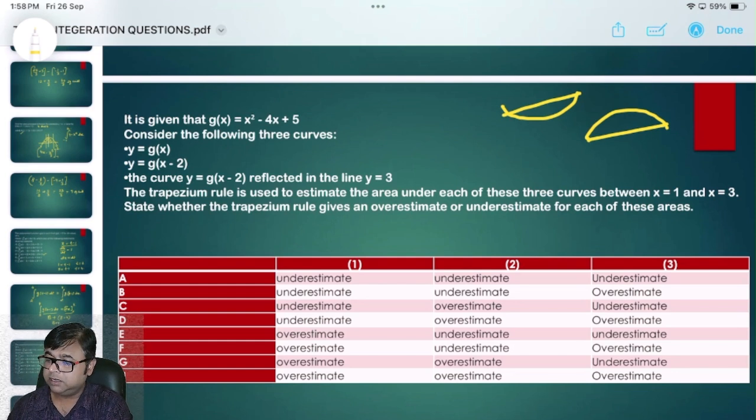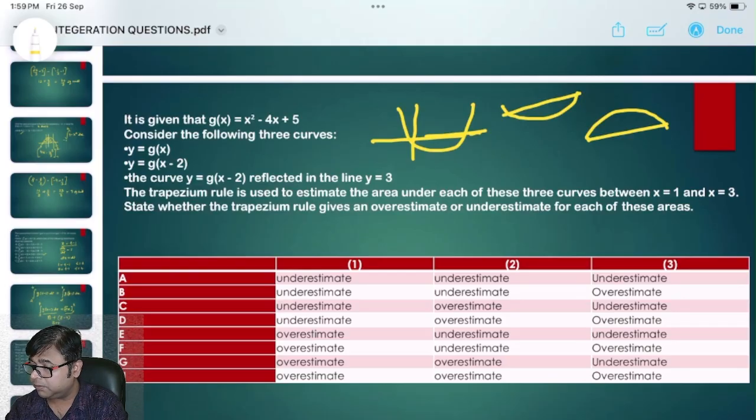So looking at this, my curve g of x is concaving up. It's a cup-shaped curve, whatever it may be. If I find the area from, say, 1 to 3, it is concaving up throughout.